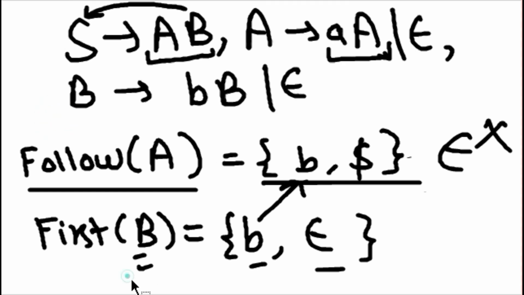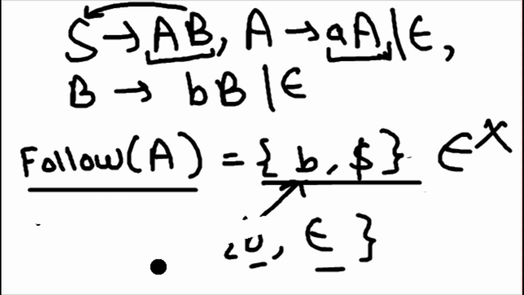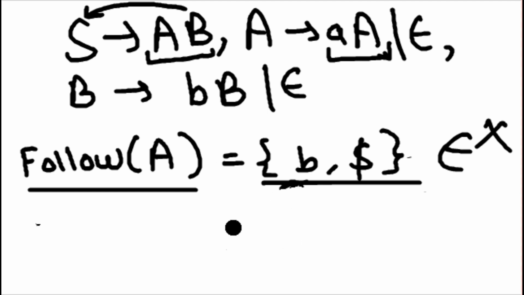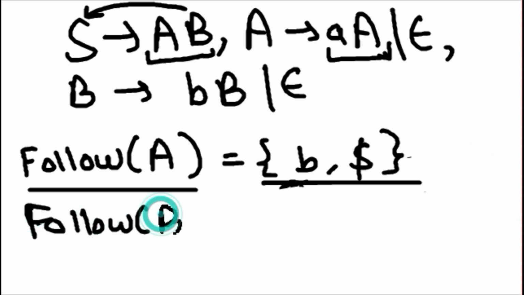Now in this case, we have also found out the first of B, but we haven't found out the follow of B. So let's try to find follow of B. Now if you try to find out the follow of B, you can see that there is A on the right hand side, and on this A there is no symbol after A. This is OR, so you cannot use this.